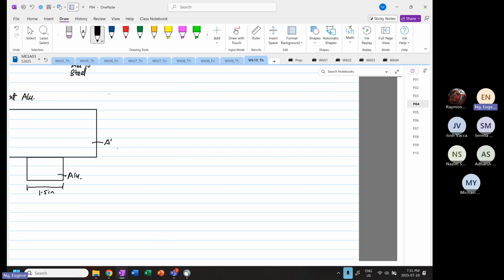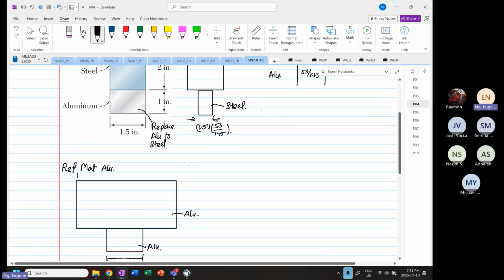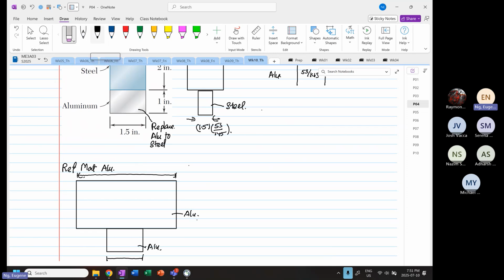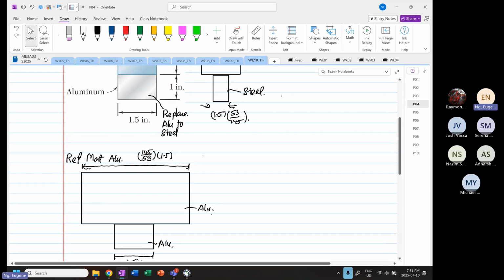But because you replace the top with aluminum, this distance now, or this thickness now, becomes 145 over 53 multiplied by 1.5. Okay, so that's what we've just done.